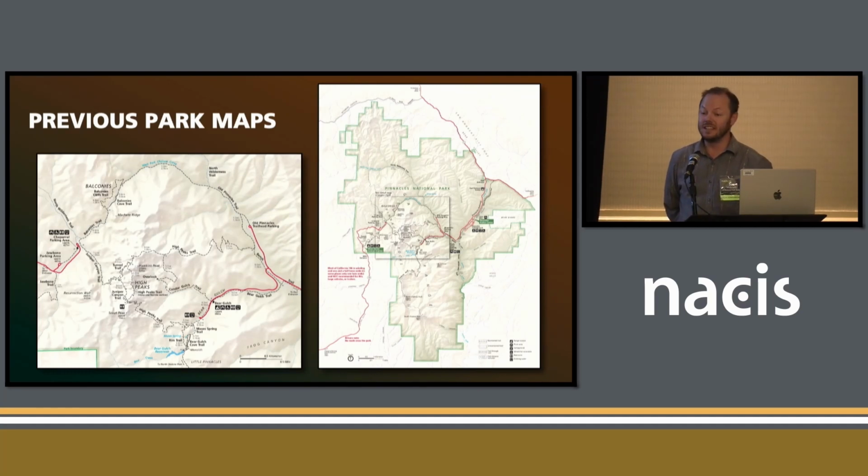This is not uncommon in the Park Service. There's over 425 park units, and so a lot of these maps have a really long lifetime, and they often average anywhere from 15 to 30 years of use, sometimes even more. I've seen some that have been floating around from the late 80s.